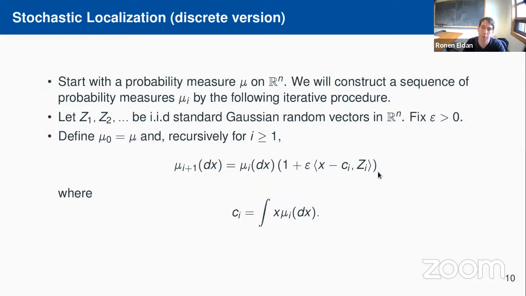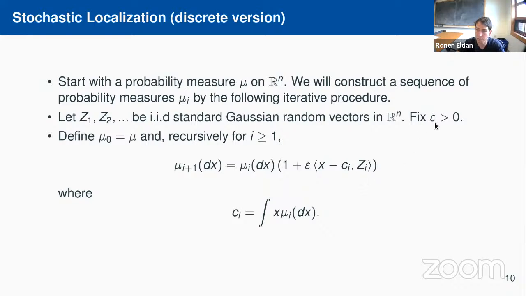So if we had a probability measure at time i, we will still have a probability measure at time i+1, given that this factor is non-negative, of course. As long as it's non-negative, we will have a sequence of probability measures by this procedure, and we basically take the product of those linear functions with random gradients.